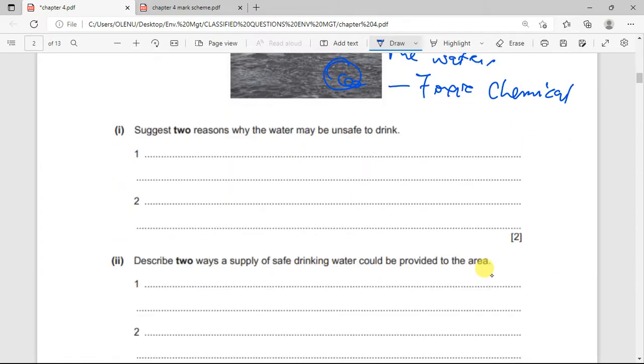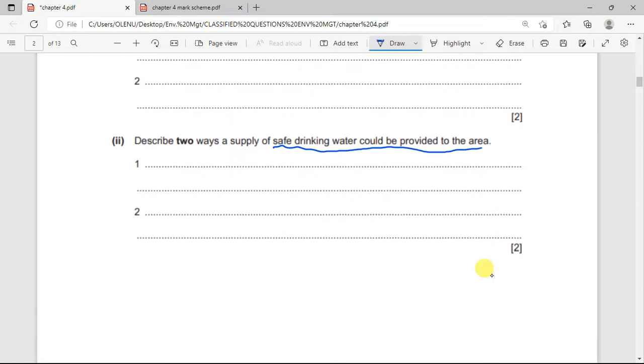Now they say describe two ways supply of safe drinking water could be provided to this area. First, you should have proper sewage treatment. Things like boreholes can be made available. Things like local wells can be made available.